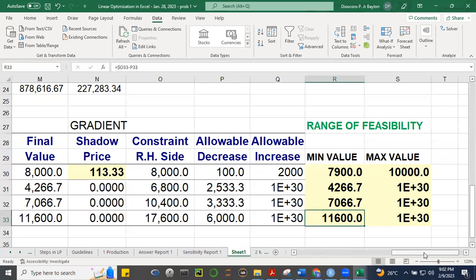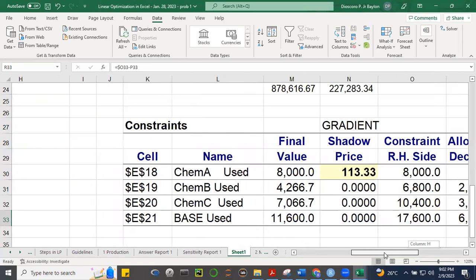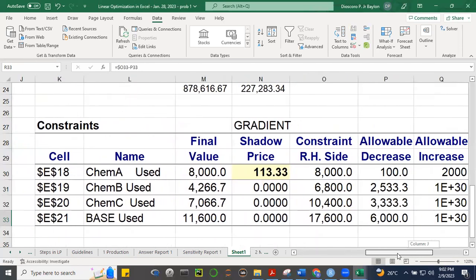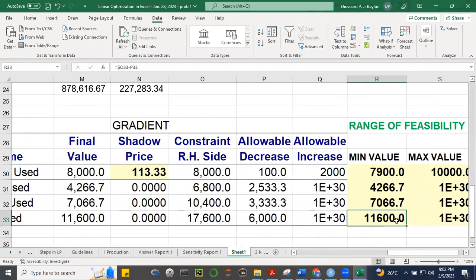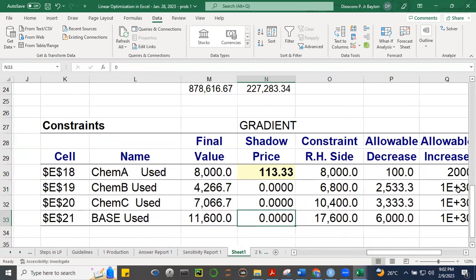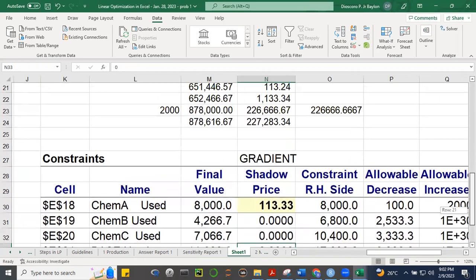Paano kung si base natin maging 10,000 na lang? Okay? Kung 10,000 si base, up to 11,600, it will have no effect on the change in your objective function. Tingnan natin sample natin.